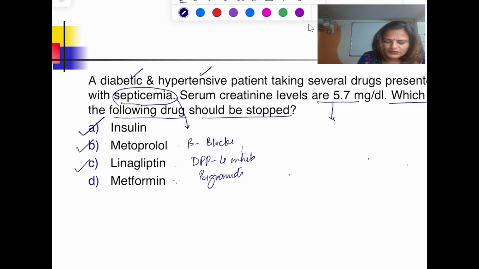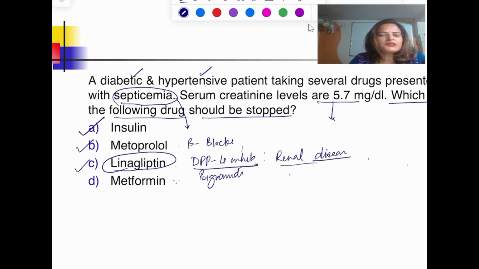And this is a biguanide. DPP4 inhibitors are also not to be given in patients with renal disease, except linagliptin. This is an exception. So even in a patient with renal disease we can give linagliptin. But metformin, of course, should not be given if the person has any renal complication, because it is going to aggravate which side effect?